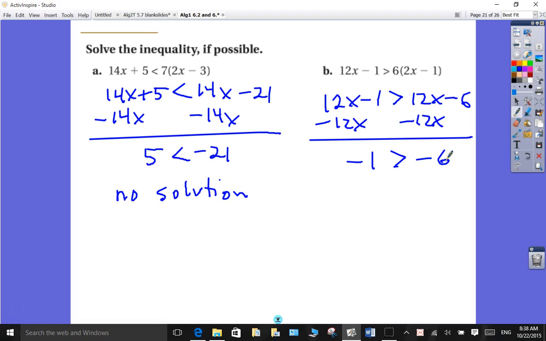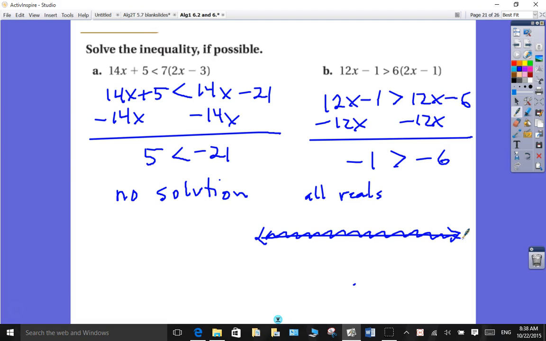Is that true? So it's always true. So you would say the solution is all real numbers. And if you had to graph it, and sometimes they actually ask you to graph it, it's the whole number line. The solution is all real numbers. And the graph looks like everything.